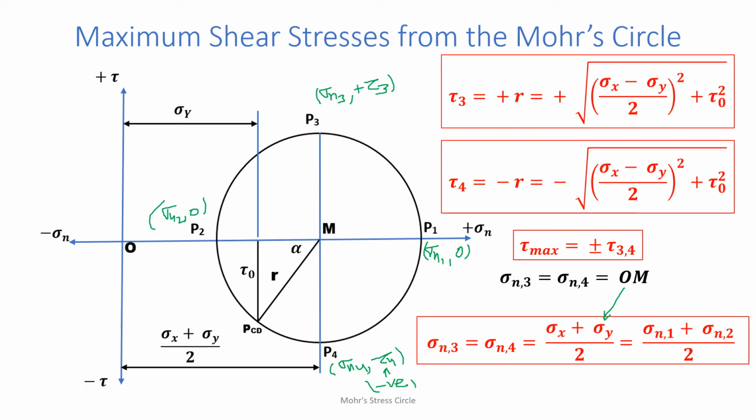So these relations are the same as discussed for the principal planes. For maximum shear stress planes also, the angle between these two is pi by 2, but in the Mohr's stress circle it will be double of pi by 2. Now say we want to locate the position of P4. So for the maximum shear stress plane P4, we will measure this angle and then take its half.